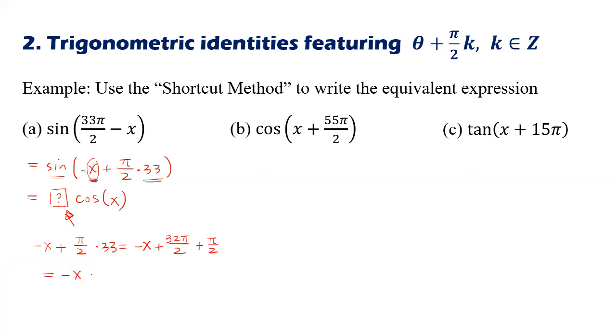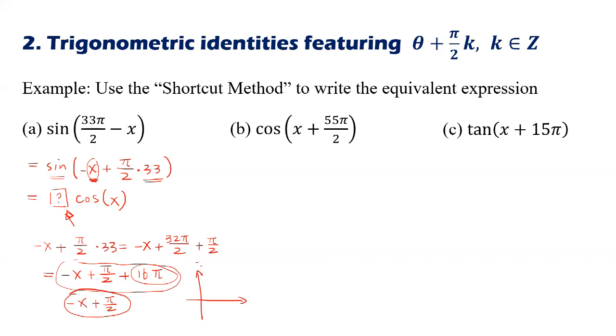And this is actually minus x plus half pi plus 16 pi, right? 16 pi is actually 2 pi multiplied by 8, which means the whole angle here should have the same terminal side with minus x plus half pi, right? So we only need to consider which quadrant this angle is in, right? So assume x is acute angle. So x is a acute angle.